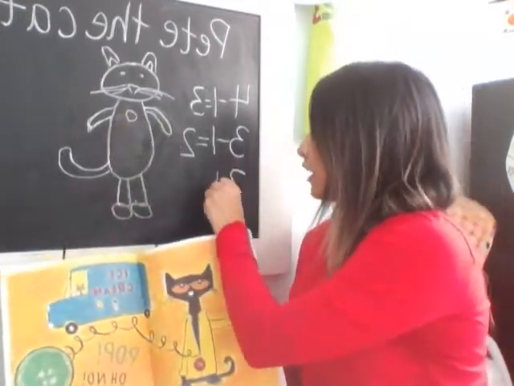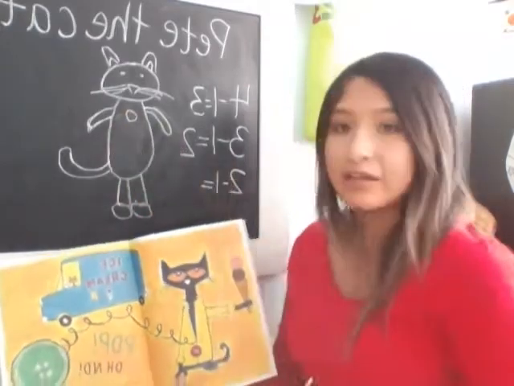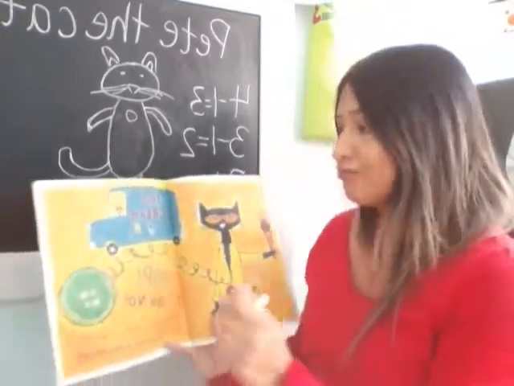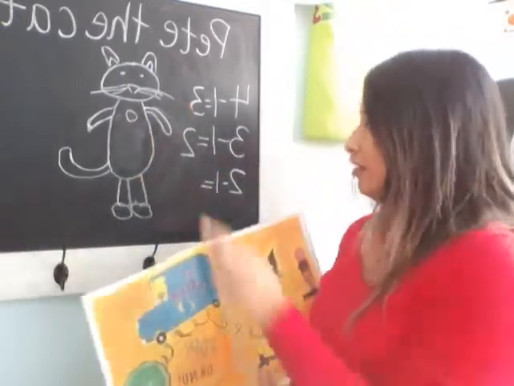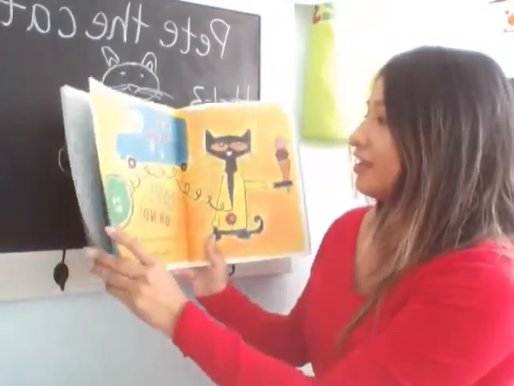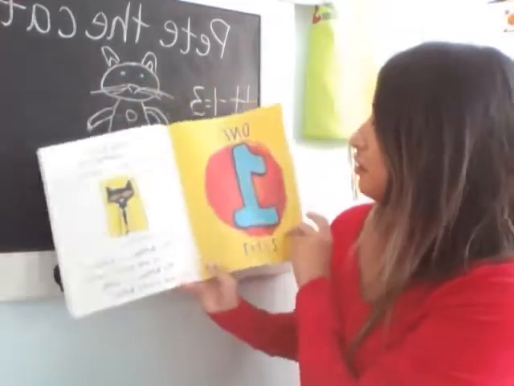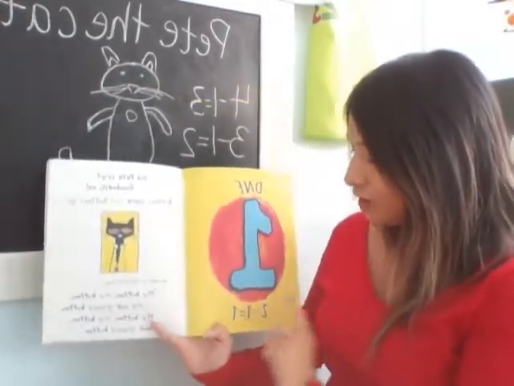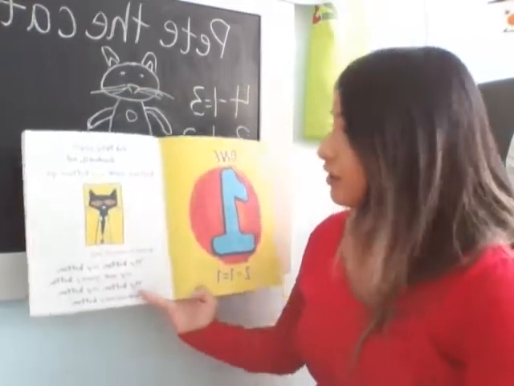You took one away. How many does Pete have left? 1. Let's see if we are correct. 2 minus 1 equals 1.